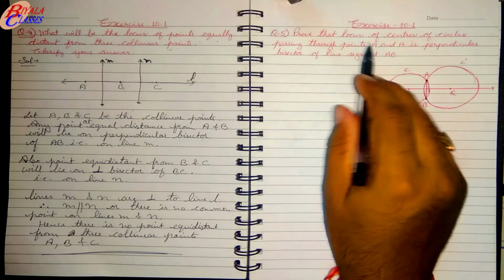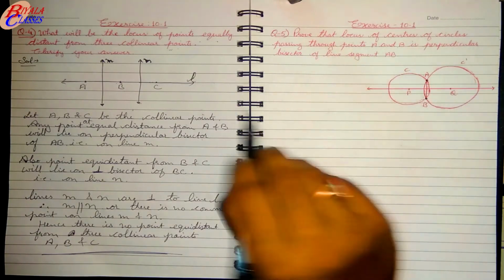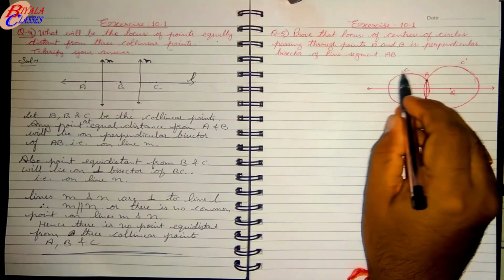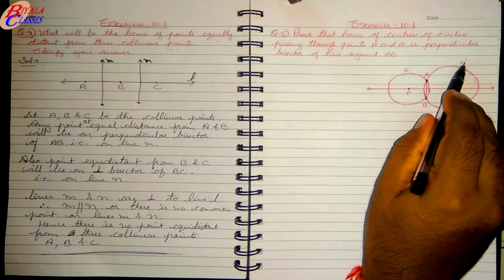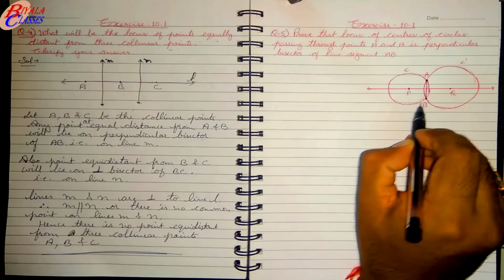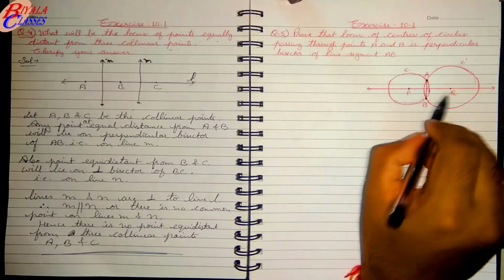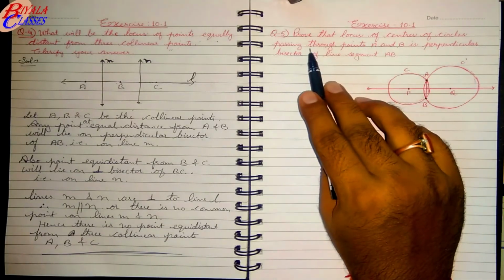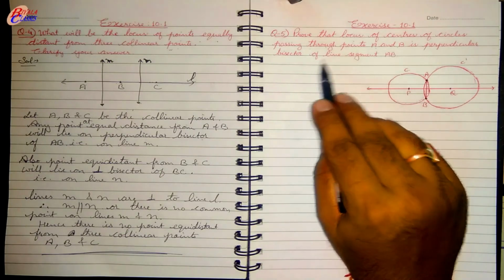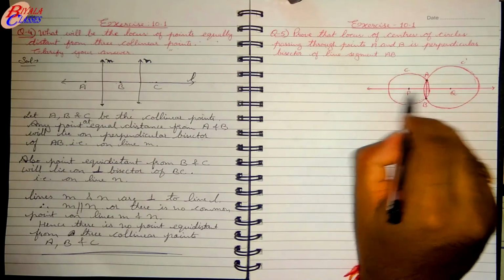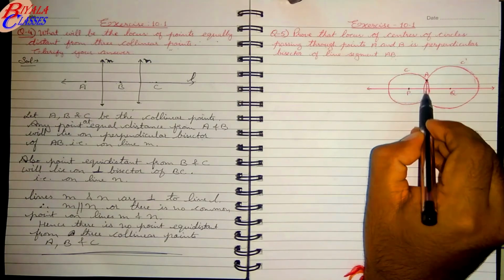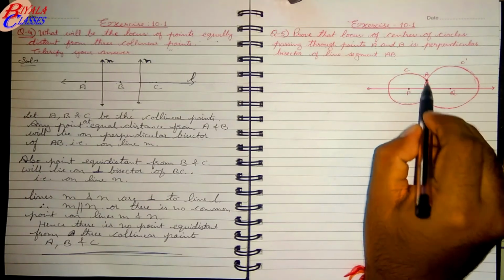Now what you have to prove is the locus of the centers of the circles. Now as you can see here, the first circle C, the center is P, and the second circle C dash, the center is Q. You have to prove that the locus of these centers is the perpendicular bisector of line segment AB. It is that line which is perpendicularly bisecting the line segment AB.